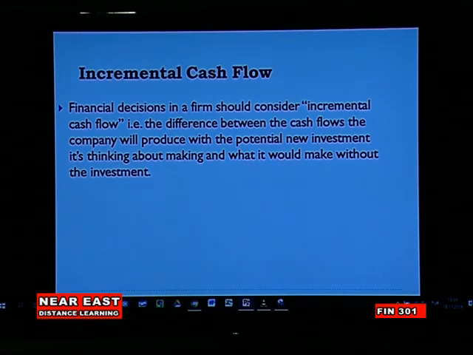Incremental cash flow. Financial decisions in a firm should consider incremental cash flow: the difference between the cash flow the company will produce with the potential new investment and what it would make without the investment.